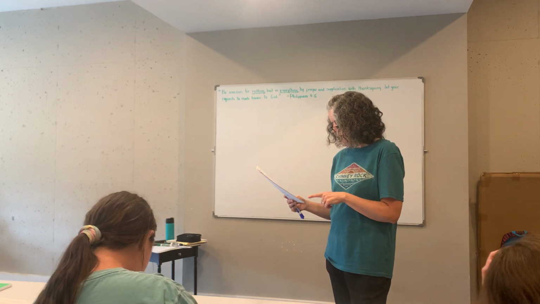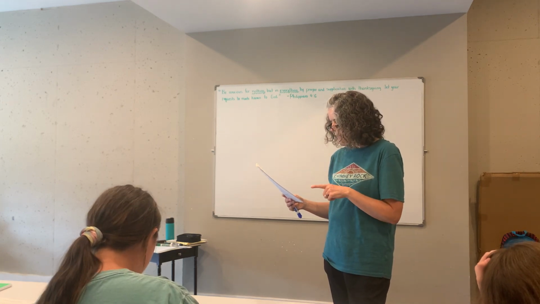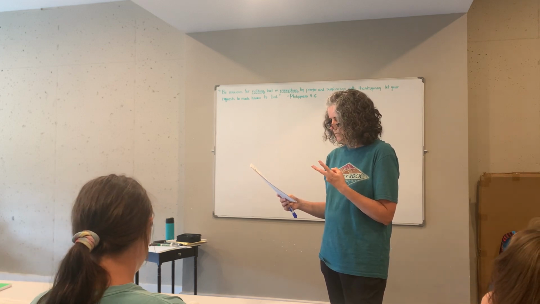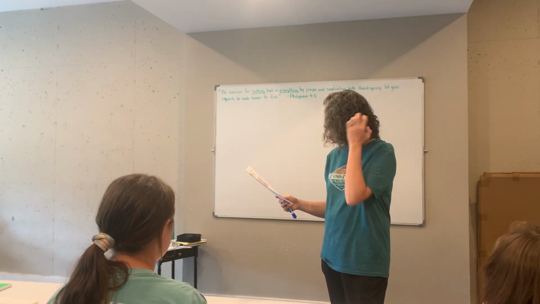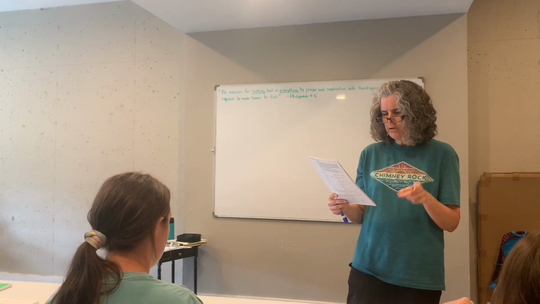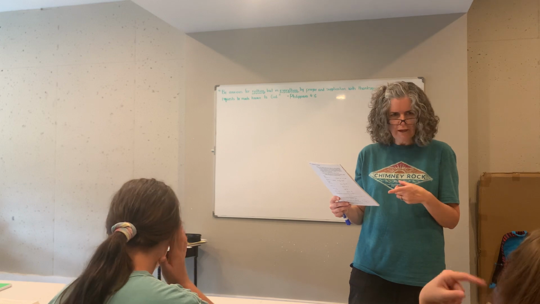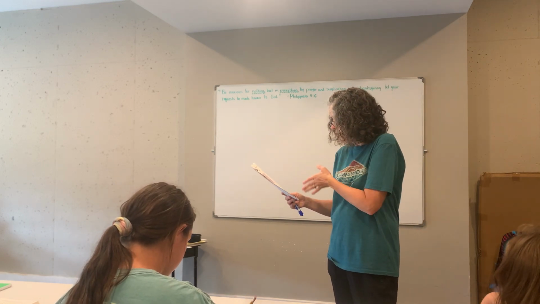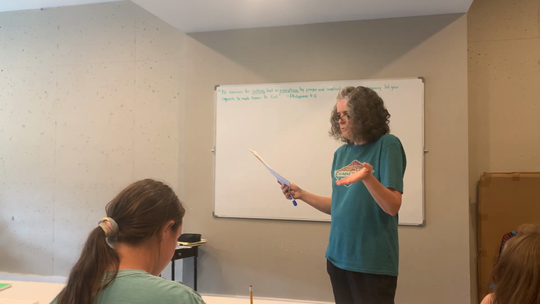They drew a number line and put 283 between what two numbers? 200 and 300. Is it closer to 200 or 300? 300. So since it's telling us to round to the nearest 100, and it's closer to 300 than 200, we know it would be 300.